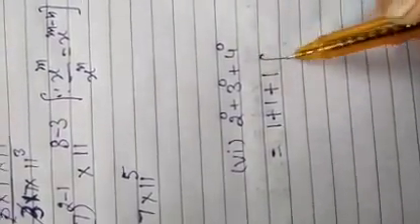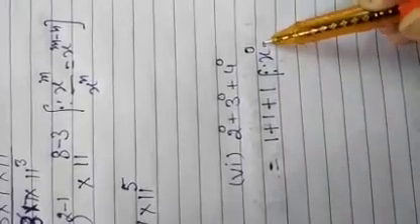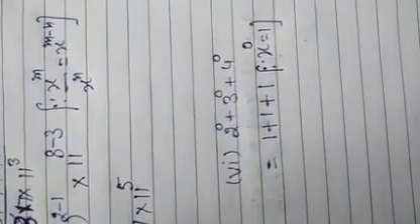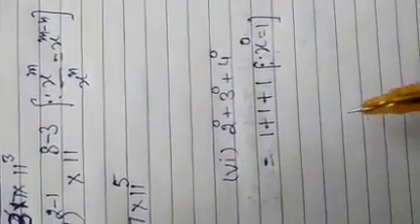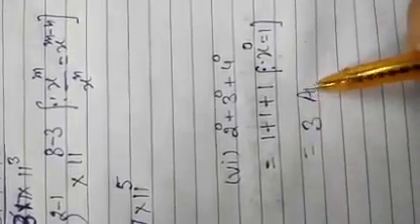So the reason you will mention is because x raised to the power 0 is equal to 1. This identity you have used here. Now just further solve it. So 1 plus 1 plus 1 will be what? It will be equal to 3. So 3 will be your answer.